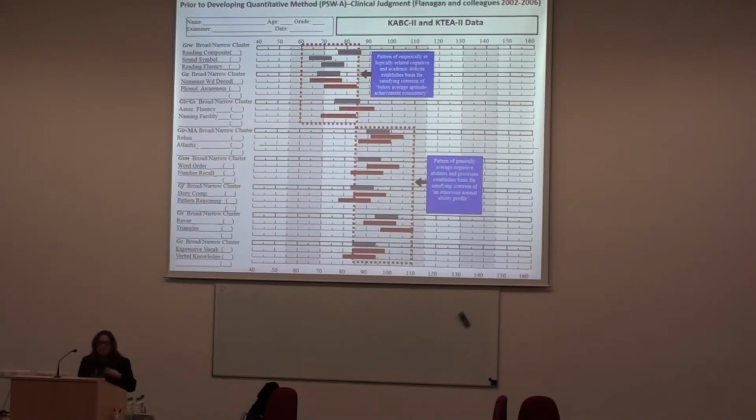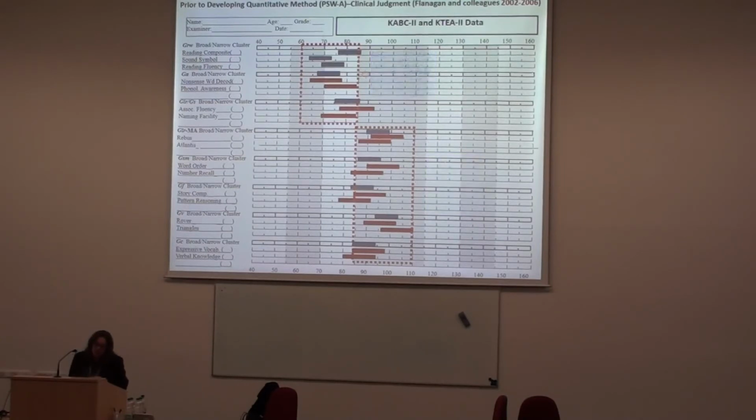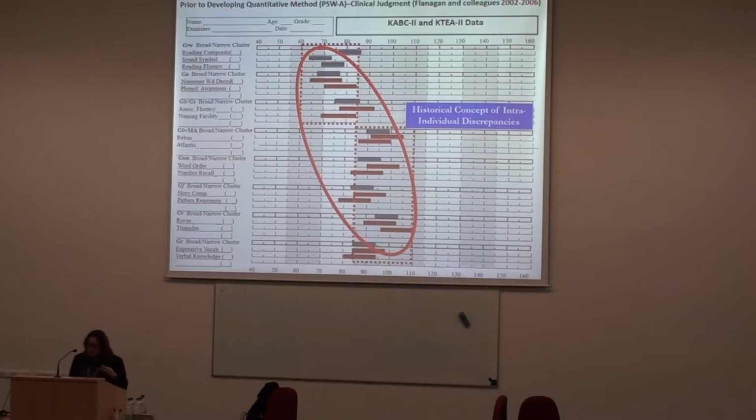And that exists within a generally average ability profile, at least average ability to think and reason. And it's also consistent historically with this concept of intra-individual differences. But it's not just any intra-individual differences, right? So if you looked at this pattern and you moved everything to the right, so push all those scores all the way over to the right, where the lowest scores are within normal limits and the higher scores now are well above normal limits.